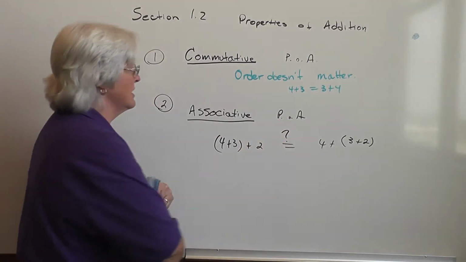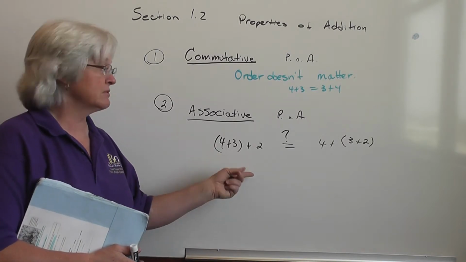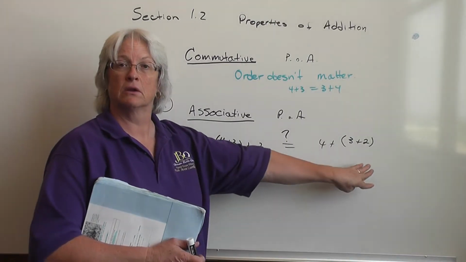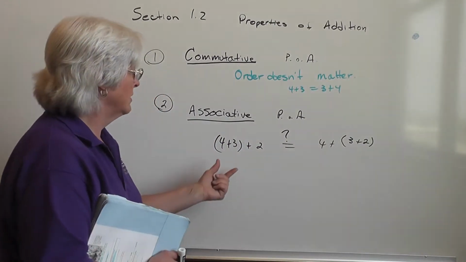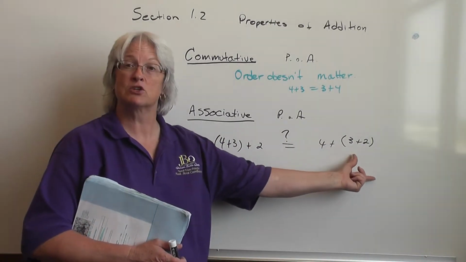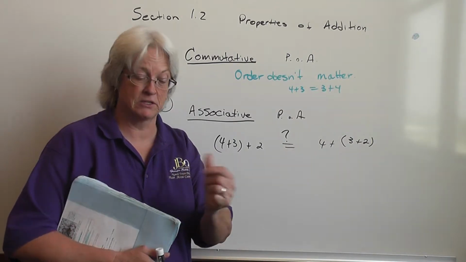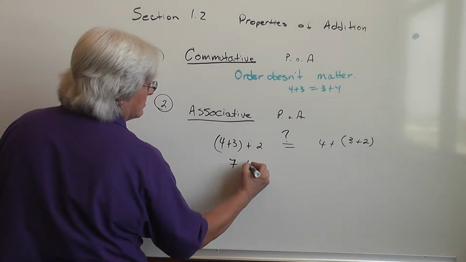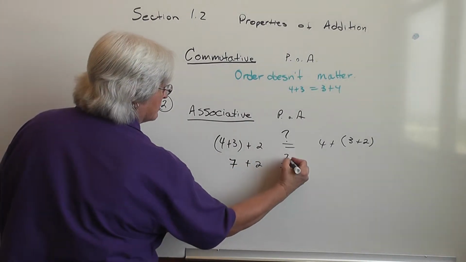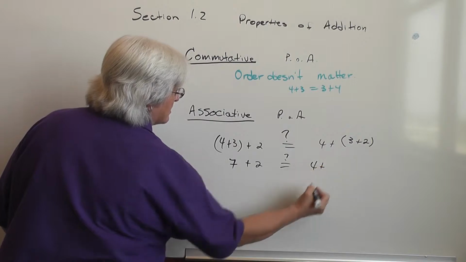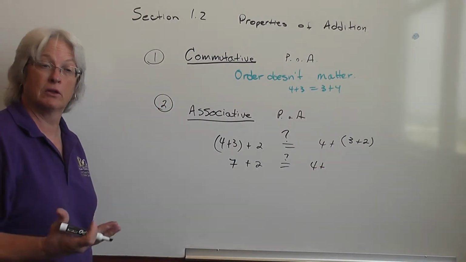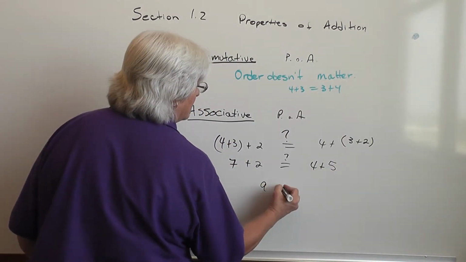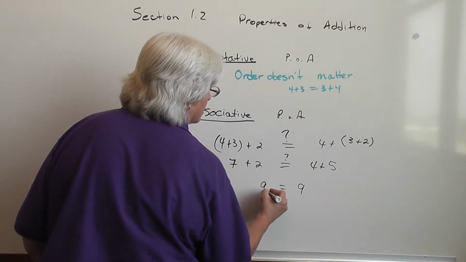Remember, with our order of operations, we're going to do stuff inside the parentheses first. 4 plus 3 is 7, plus 2. Is that equal to 4 plus, what's inside our parentheses over here? 3 plus 2 is 5. Well, yeah. 9 is equal to 9.